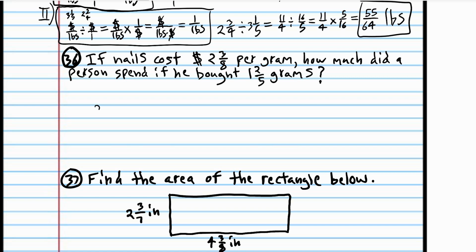So we're just going to multiply 2 3/8 times 1 2/5, and it doesn't matter which order because it's multiplication. Change it to improper fractions.